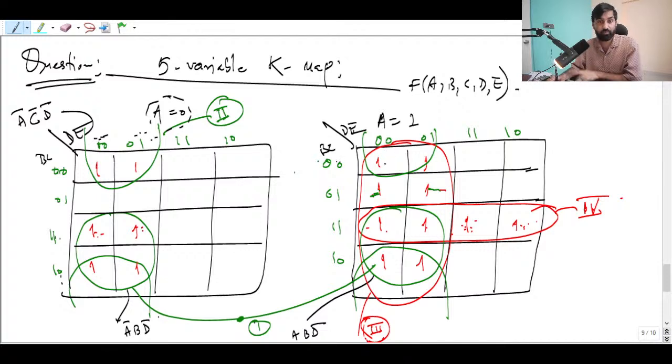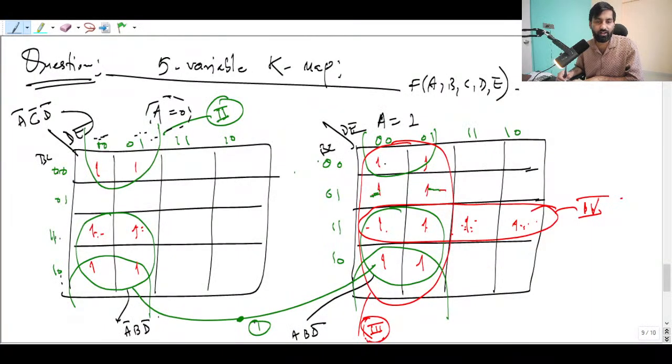So I think C bar, D bar only you will get. Yeah, C bar, D bar only you will get. Okay, because again you will get the same. From here you are going to get A, C bar, D bar again.